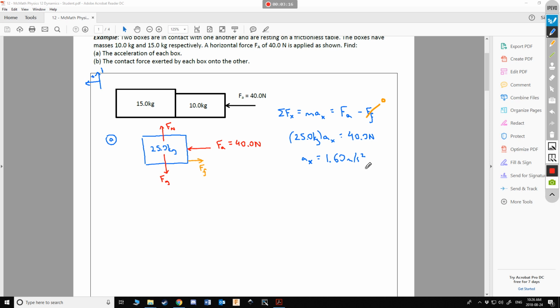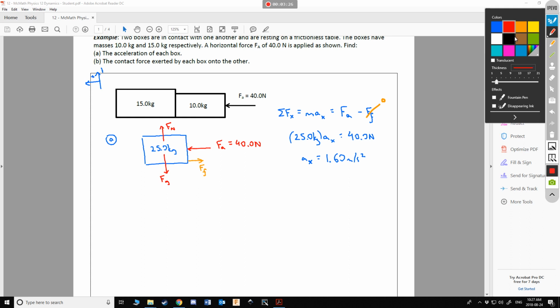Now question B is asking what is the contact force exerted by each box onto the other. So this is Newton's third law. What we need to recognize is that the 10 kilogram block is pushing on the 15 kilogram block, but there's going to be an opposite and equal reaction. The 15 kilogram block is pushing back onto the 10 kilogram block.